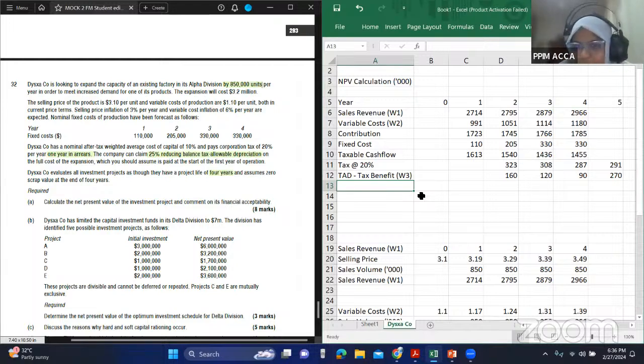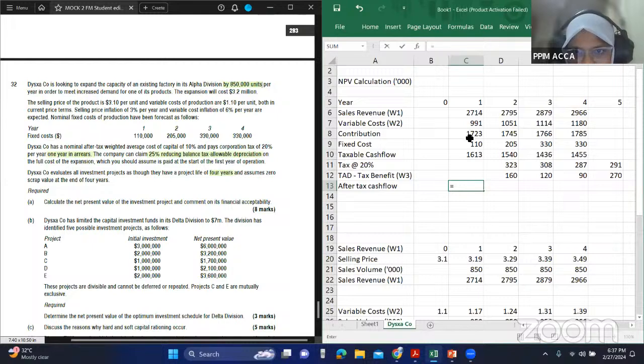Right. So let's take a total here. We'll call it the after tax cash flow. This will be the taxable cash flow. So you can just put 1,613 over here.